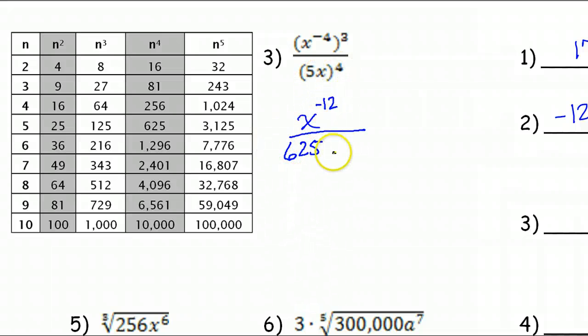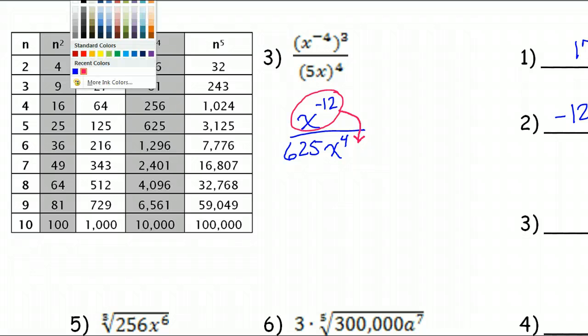Anyway, also I have x to the 4th power. Now what about these x's? Well, by now you have learned that anything with a negative power is on the wrong side of the fraction. So this is going to have to drop down.